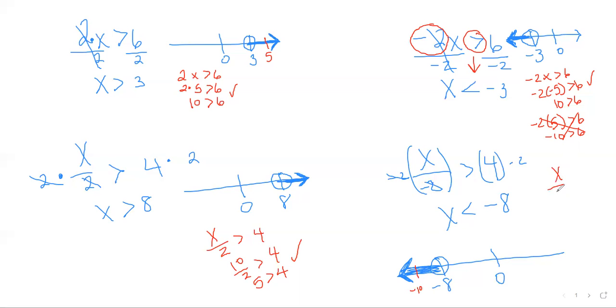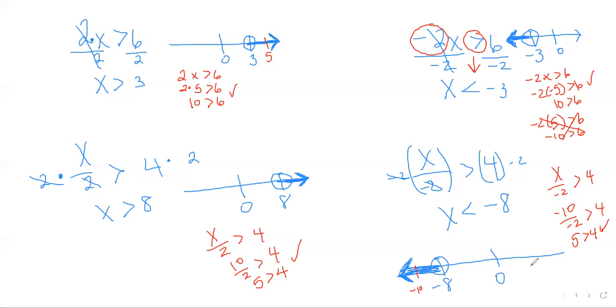So I have x divided by negative 2. Is that greater than 4? Well, let's plug in a negative 10. Negative 10 divided by negative 2 is positive 5. Is 5 greater than 4? Yes, it checked out.